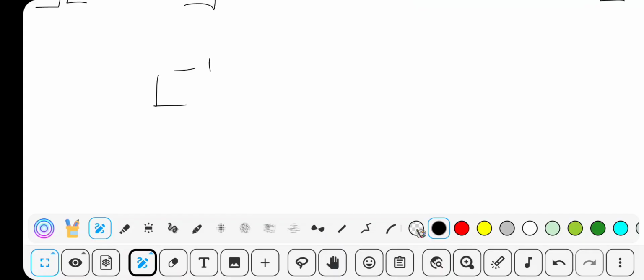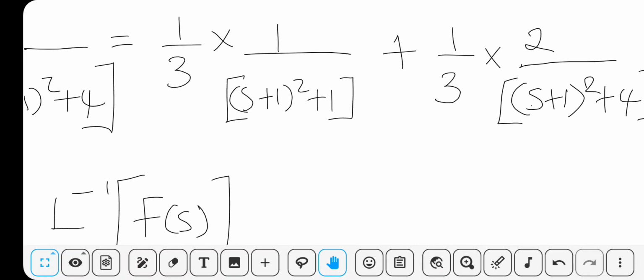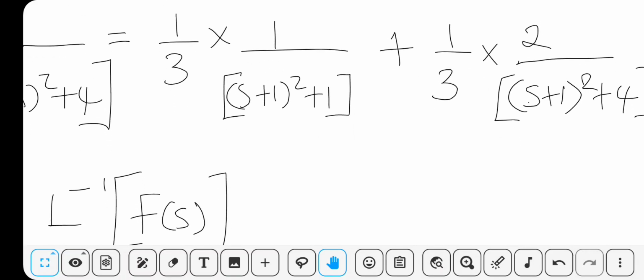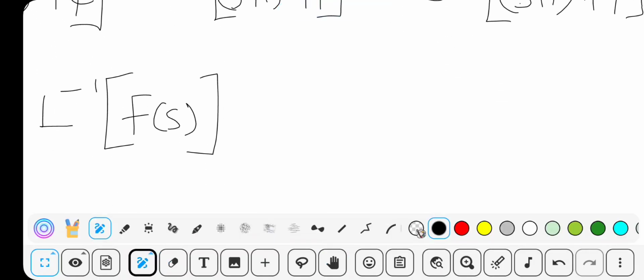And finally, the inverse Laplace transform of this function of s. The inverse Laplace of 1 over s plus 1 all squared plus 1 is, from the first shift theorem, you can check, exponential minus t sine t.